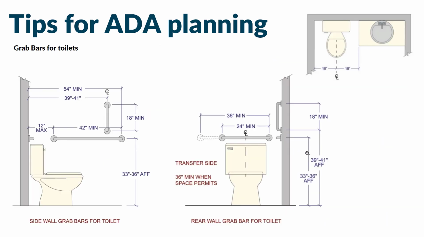And then thinking about grab bars for toilets, we have very similar types of measurements. So again, we will have grab bars on the side and the back of the toilet. And the large grab bar that's alongside the toilet can be no more than 12 inches from the back wall, and 42 inches minimum in length, and then 33 to 36 inches off the ground, off the finished face of the floor.